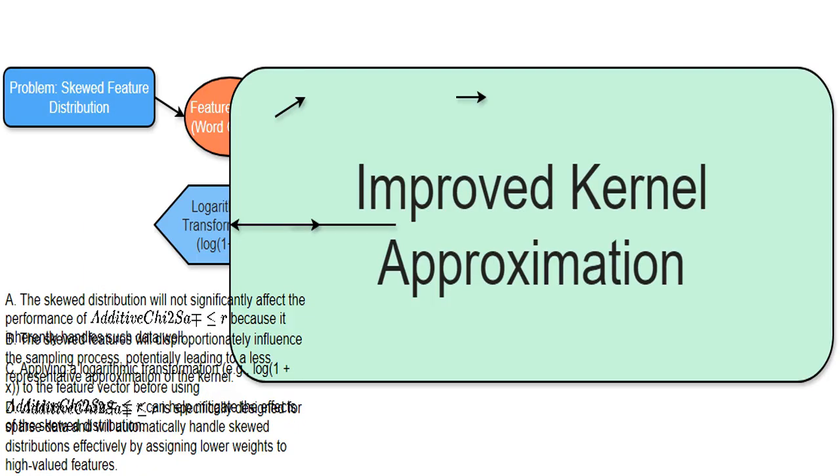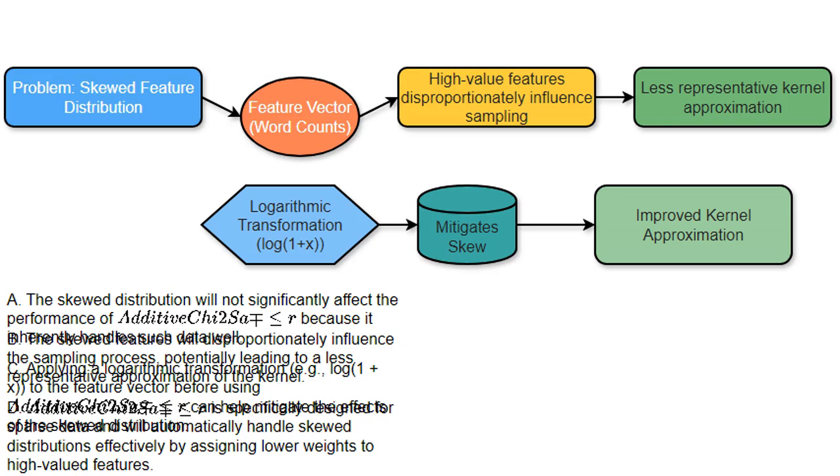The high-value features, or high-frequency words, will be overrepresented, leading to an imperfect approximation. This option is also correct. The log transformation helps even out the data, preventing the high-value features from dominating. This is false. While it handles sparse data, it doesn't automatically correct for skewed distributions.